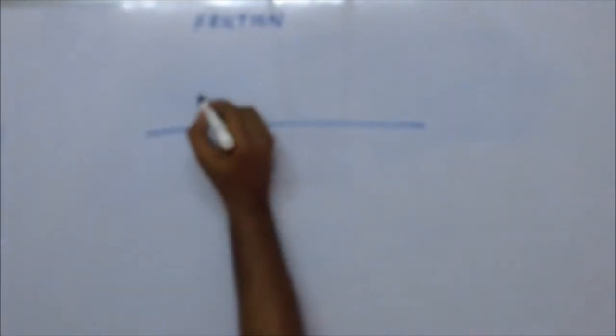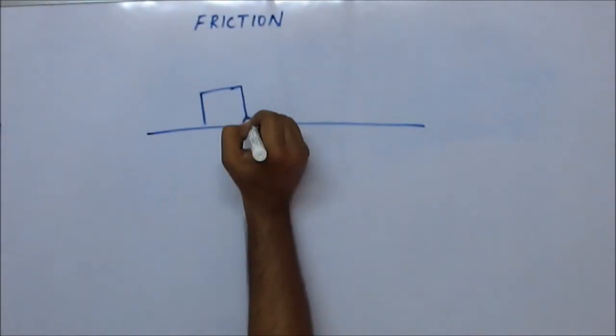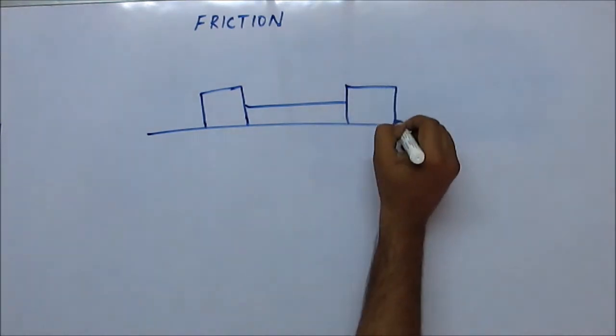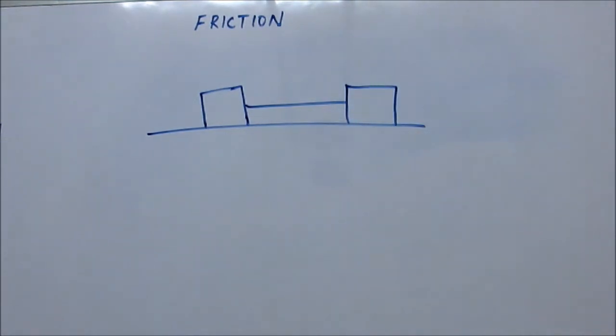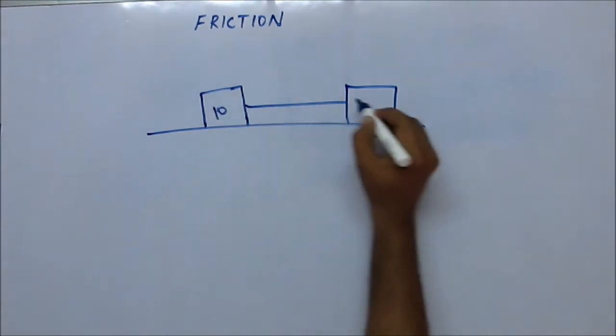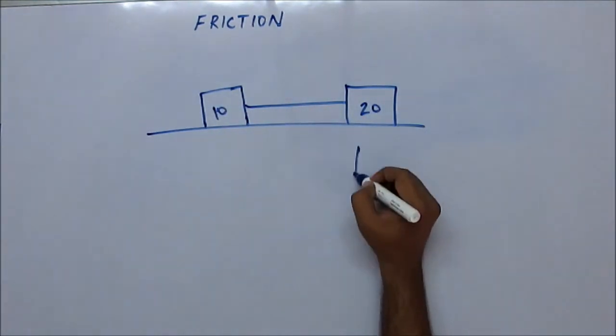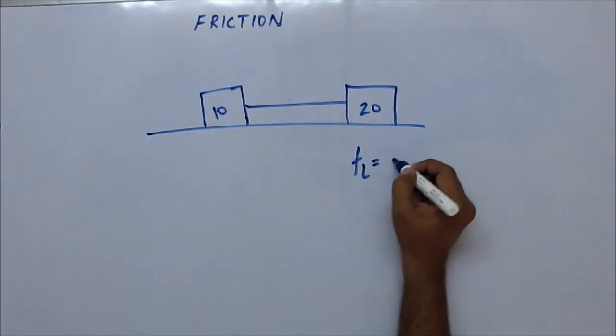Okay, now suppose we have a situation like this. There are two blocks kept on a rough surface tied with a string. Suppose this is a 10 kg block and this is a 20 kg block. Instead of giving you the value of friction, I'm straight away giving you the value of limiting friction.